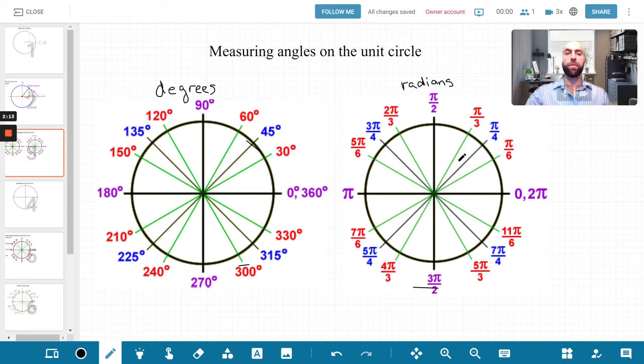The 30 degree corresponds to the pi over 6 location, 45 is pi over 4 radians, 60 degrees is pi over 3 radians, and 90 is pi over 2. We'll be working pretty extensively with radians in this class, so it's very important to memorize the values of these positions around it, just like you know the values in degrees.